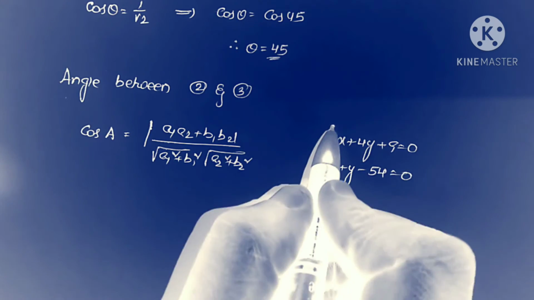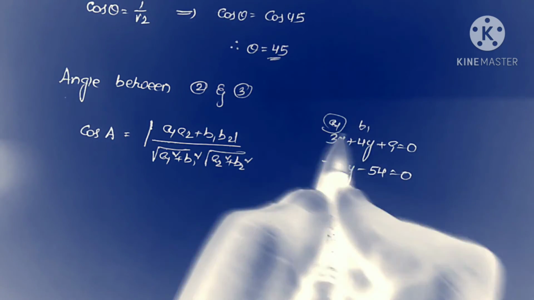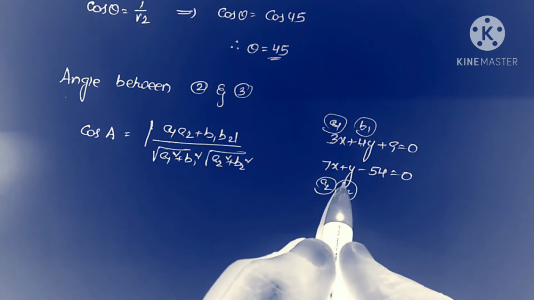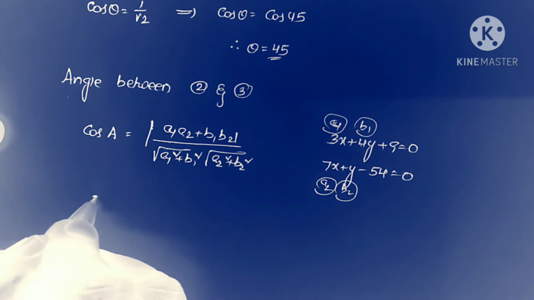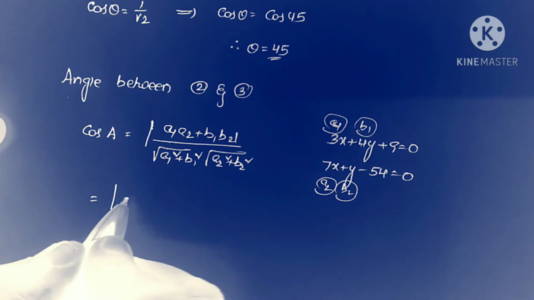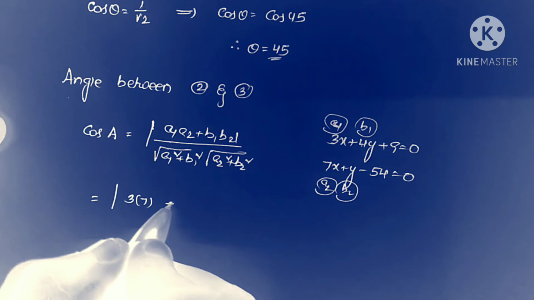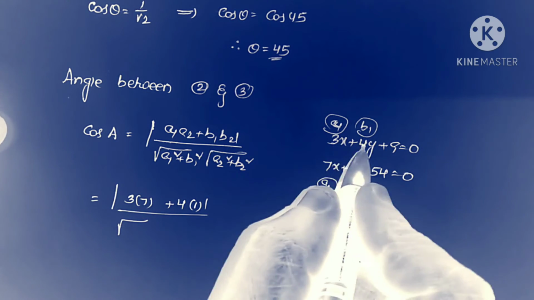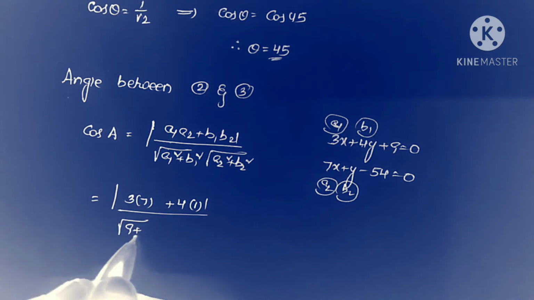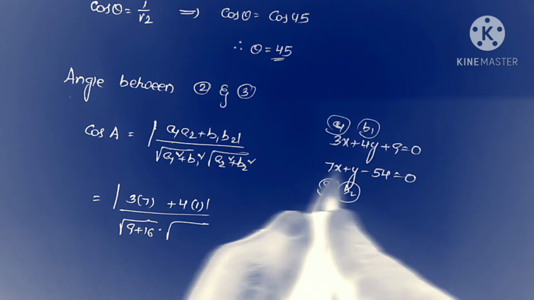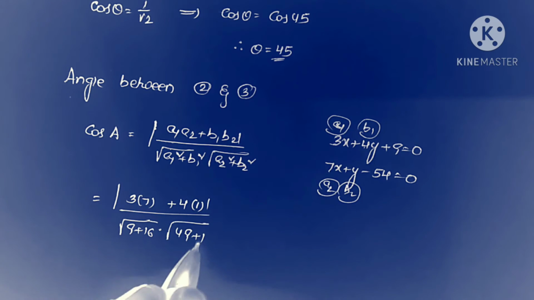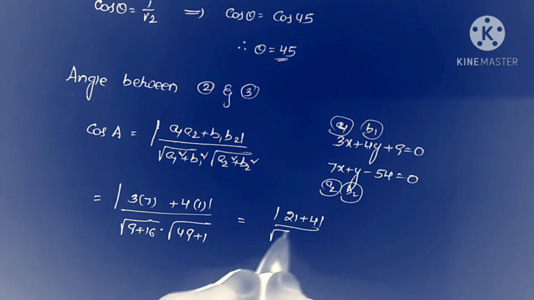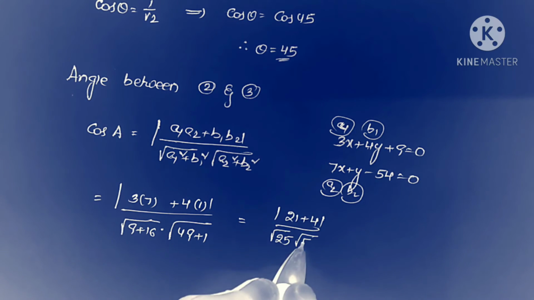So here a1, b1 is equal to 3 comma 4. a2, b2 is equal to 7 comma 1. Now replacing the values, a1 a2, that is 3 into 7, plus b1 b2, 4 into 1, by square root of a1 square plus b1 square, 9 plus 16, into a2 square plus b2 square, 49 plus 1, and this is equal to 21 plus 4 by root 25 into root 50.